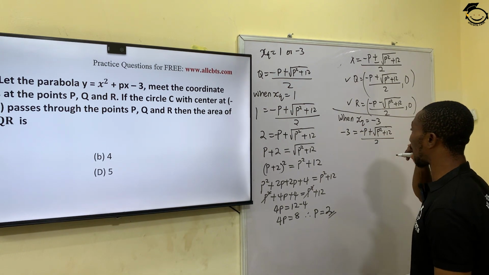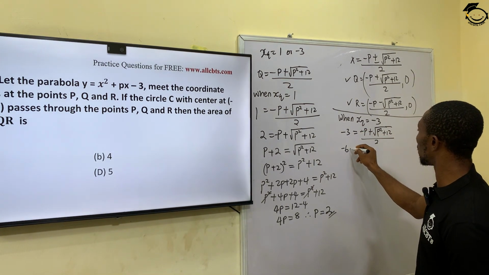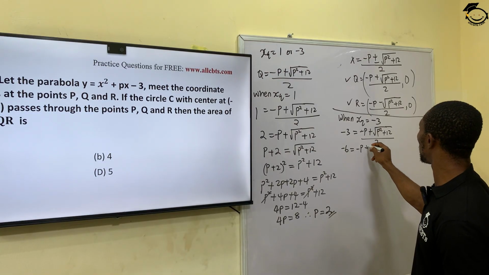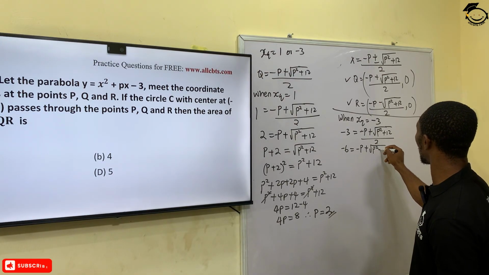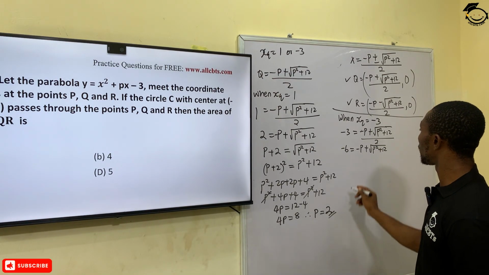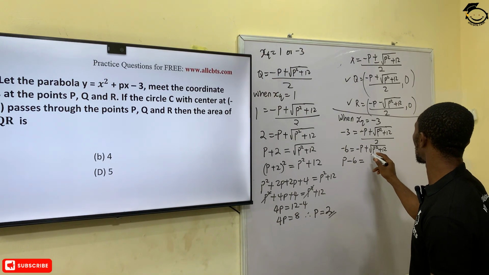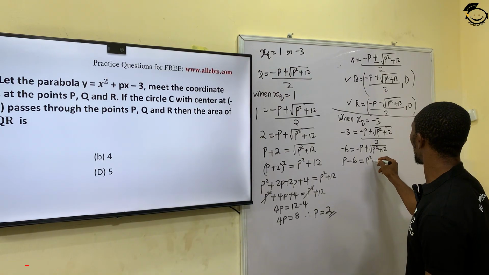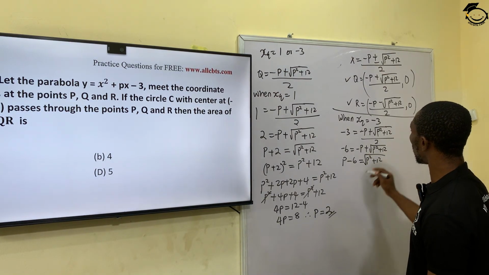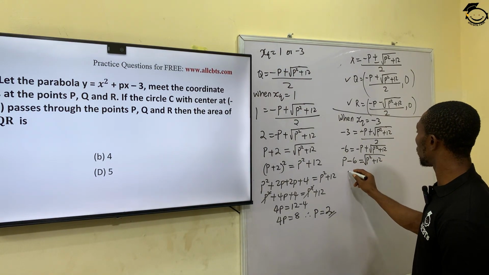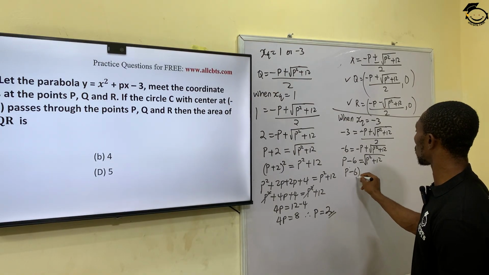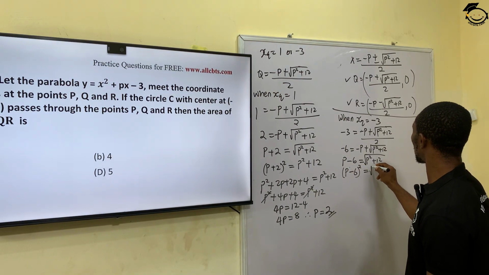So cross multiplying, we have minus 6 equals minus p plus root p squared plus 12. Okay, this becomes p minus 6 equals root p squared plus 12. All right, so squaring both sides, p minus 6 all squared equals p squared plus 12.